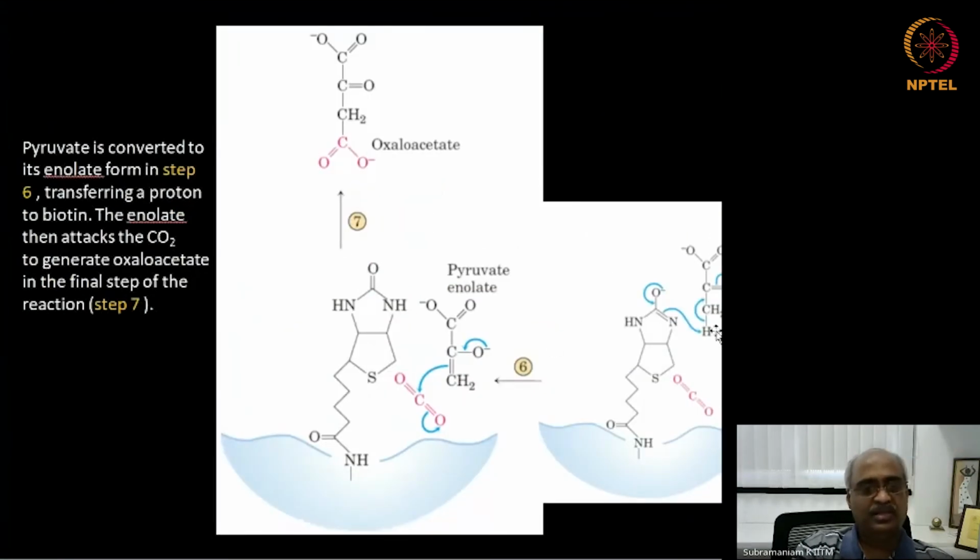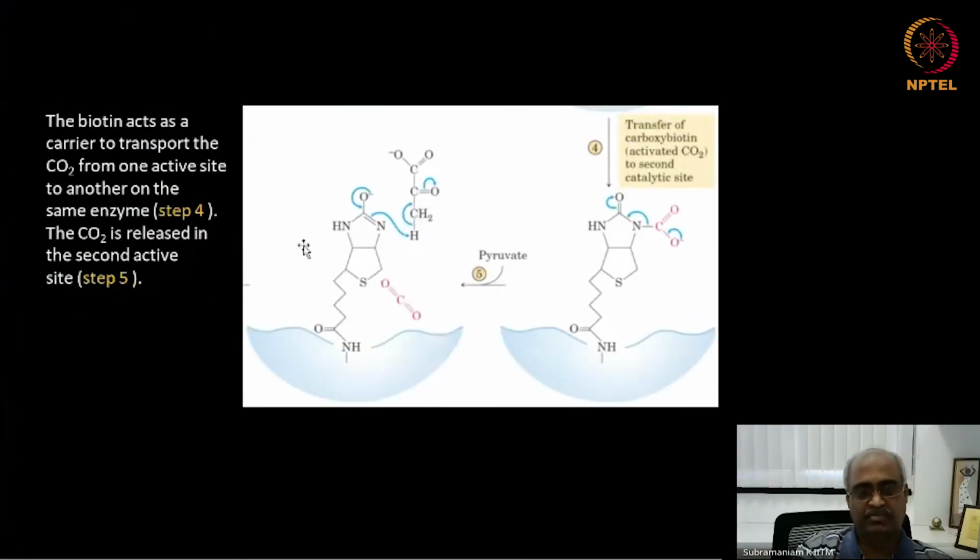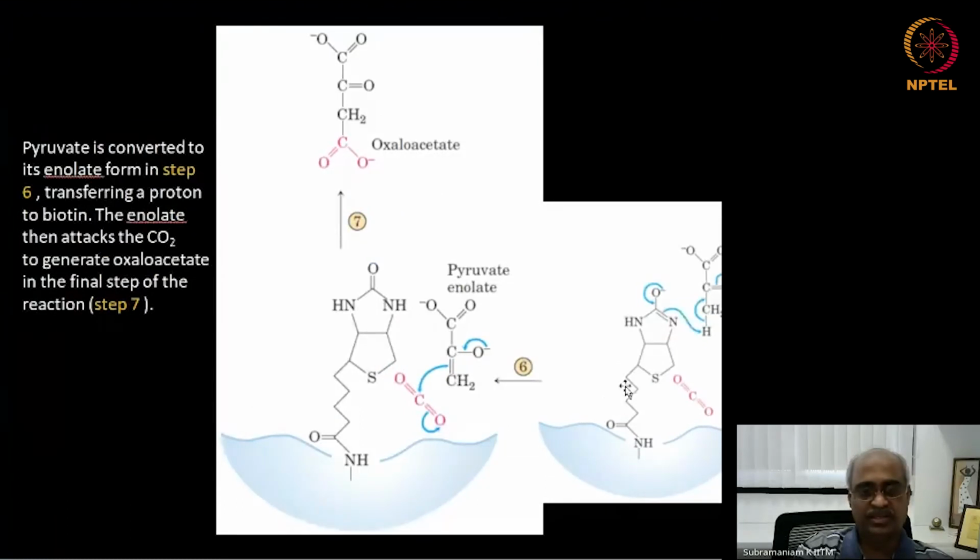So this is the enol form here. For continuity, I have put the same image once more here. These electron flows result in the enol form, and that enol is what interacts with the carbon dioxide, and that gets attached, and you have the oxaloacetate.